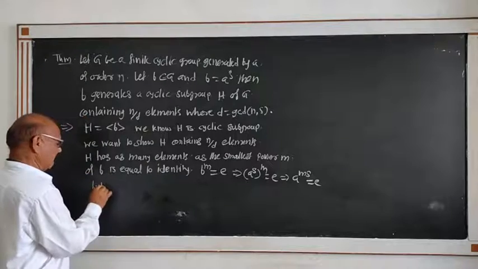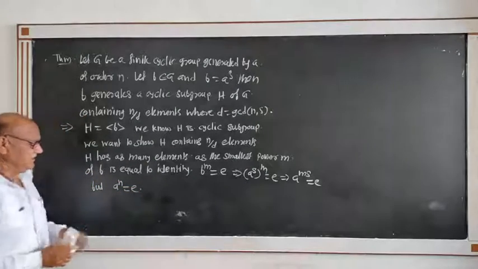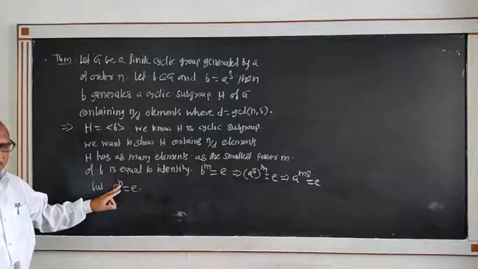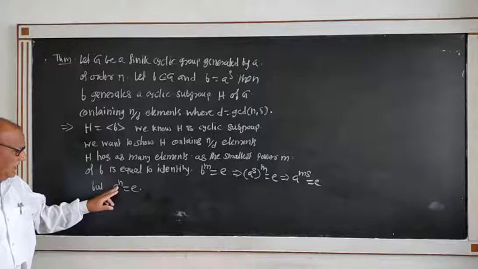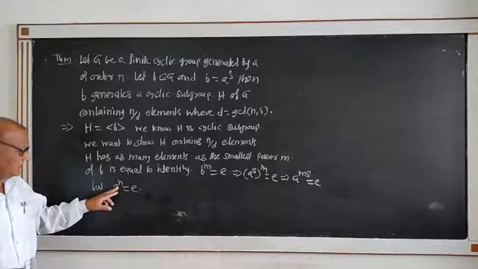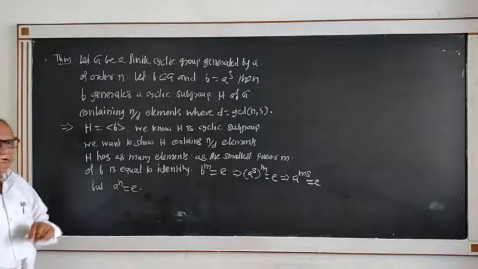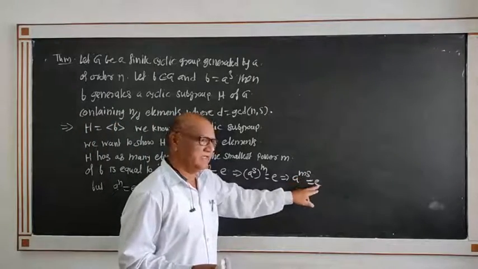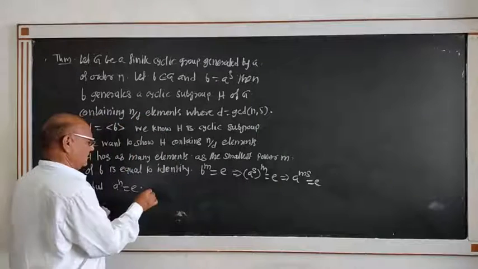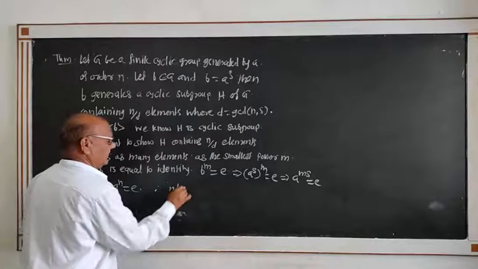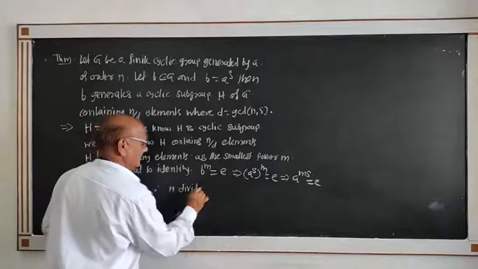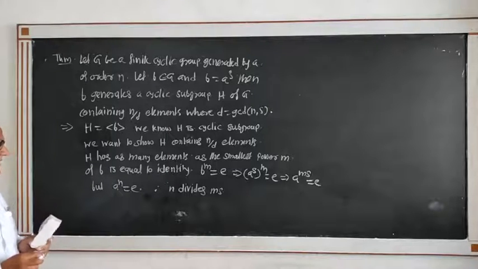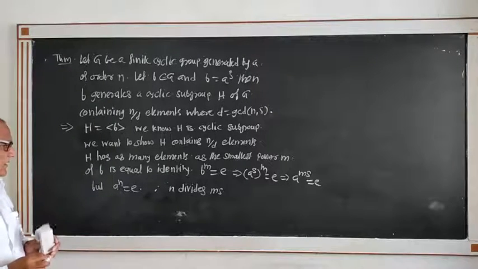But A raised to n is equal to identity, that means the order of A is n, and n is the smallest power of A giving the identity. Therefore, n divides ms.